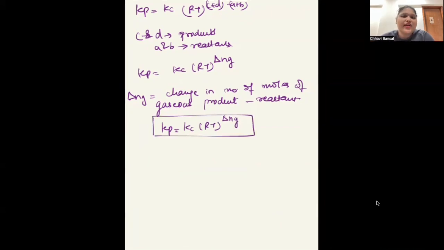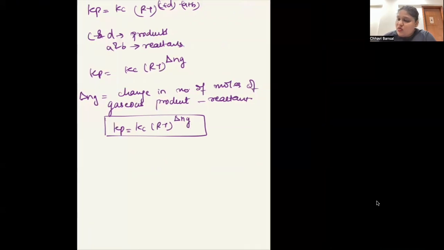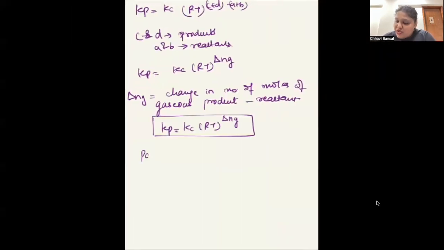Fine. Let's find out the relationship between Kp and K psi. One more thing before we go ahead: the partial pressure of any component, for example A, can be written as the mole fraction of A into P, the total pressure of the mixture, right?